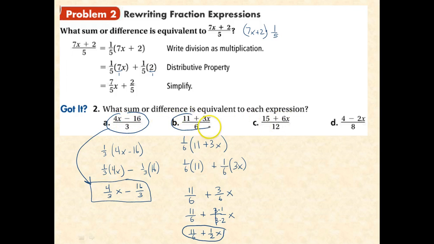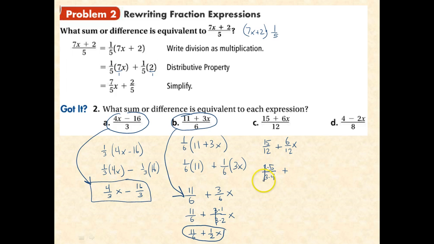Take a look at this fraction and this step. 11 over 6 plus 3 over 6x. So our shortcut can be this: 15 over 12 plus 6 over 12x. 6 over 12 is going to reduce, also 15 over 12 is going to reduce. 15 is 3 times 5, and 12 is 3 times 4.